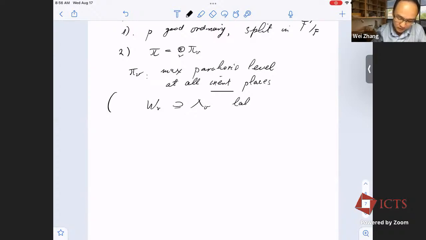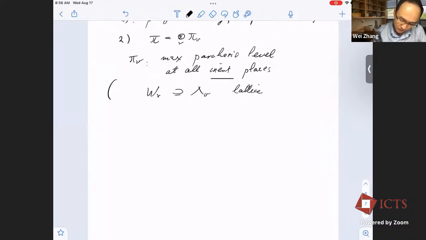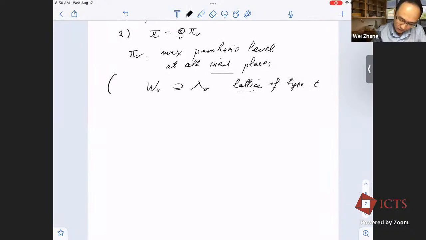This lattice is integral, and it is a lattice of type t, sorry, it's a vertex lattice, vertex in the sense of Bruhat-Tits theory. In other words, it's a vertex in the building of a unitary group.